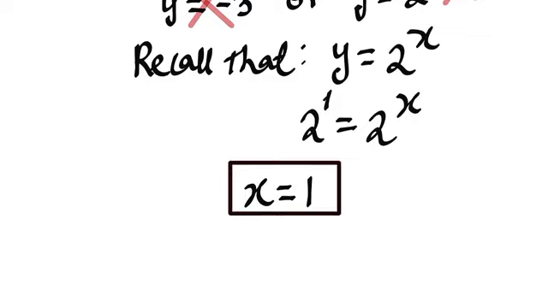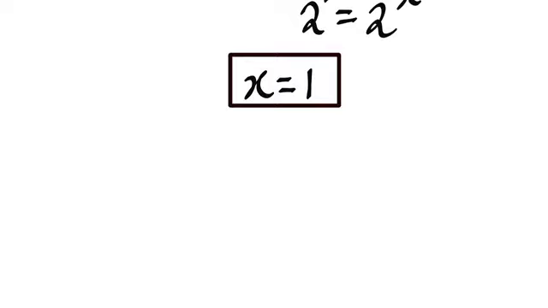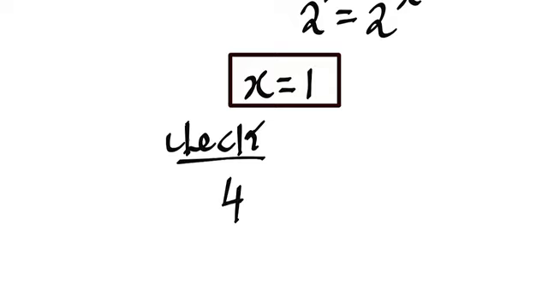So then let's try to see if we can check this solution we have. By checking, let's check. So we have 4 to the power of x plus 2 to the power of x equals 6.